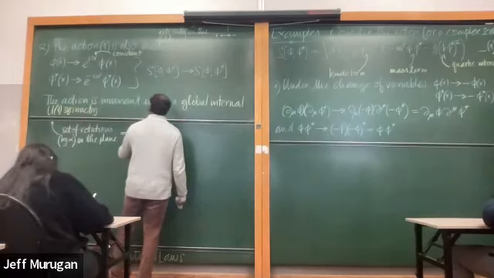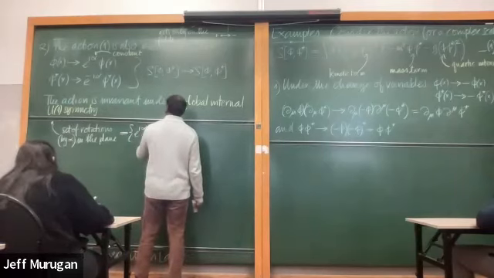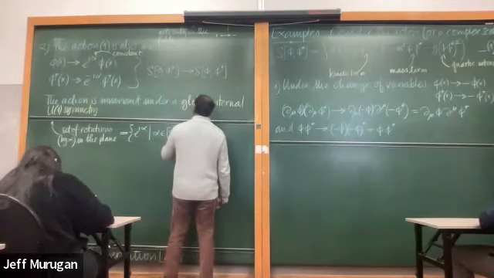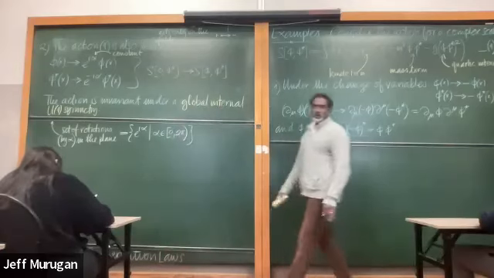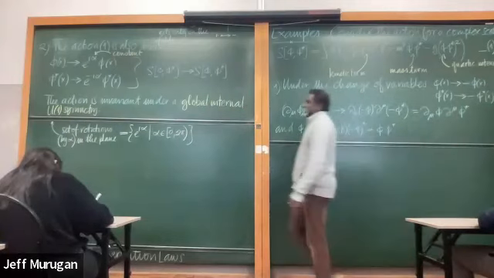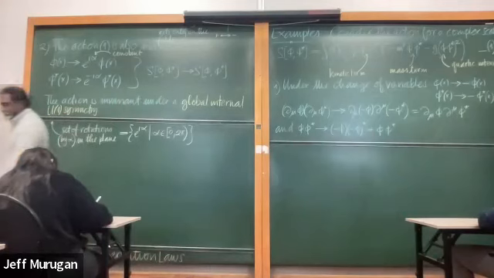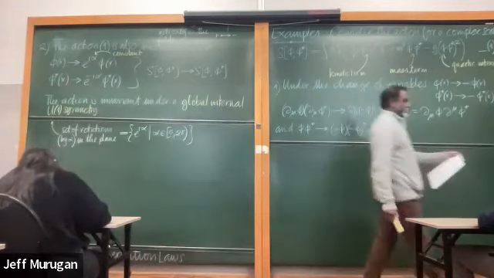This is the set of all objects like e to the i alpha with alpha between 0 and 2 pi. Okay. These are just rotations in the plane. The set of all such rotations in the plane forms the unitary group U1. Think of it as a set of unitary 1 by 1 matrices.